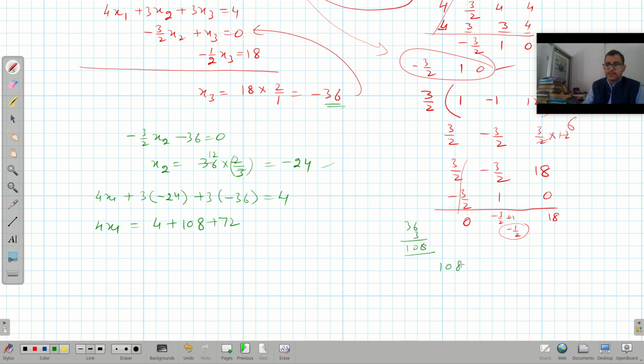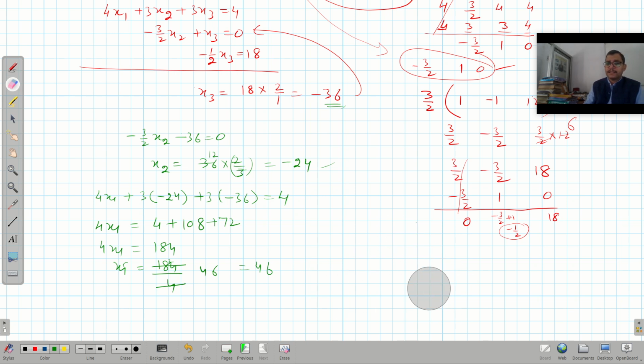So 108 plus 72 plus 4, it's 184. And 4x1, so x1 is equal to 184 divided by 4, it is 46. So these are the results which we are getting out of here.